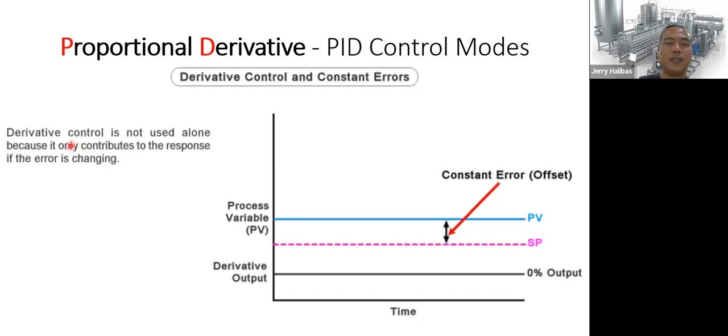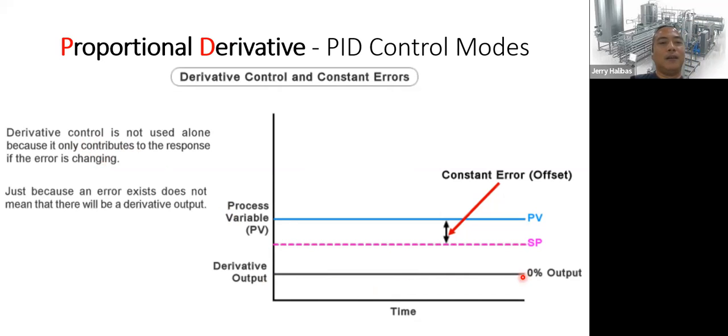So the derivative control is useless because its output is always 0, because the derivative of a constant is 0. Okay? So just because an error exists does not mean that there will be a derivative output. It means the output is 0 because your error is constant. So the derivative of a constant is 0.